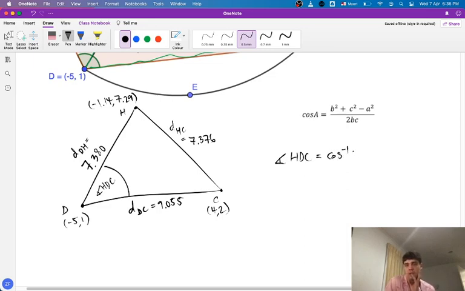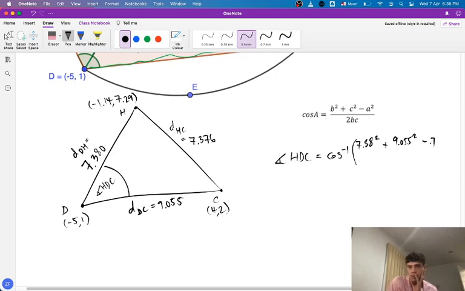It's going to be cos inverse of, now B squared and C squared are the adjacent side lengths. So it's going to be 7.38 squared, and then I'm going to add on 9.055 squared, and then A squared is the opposite. See how you got capital A, lowercase a is going to be whatever's opposite.